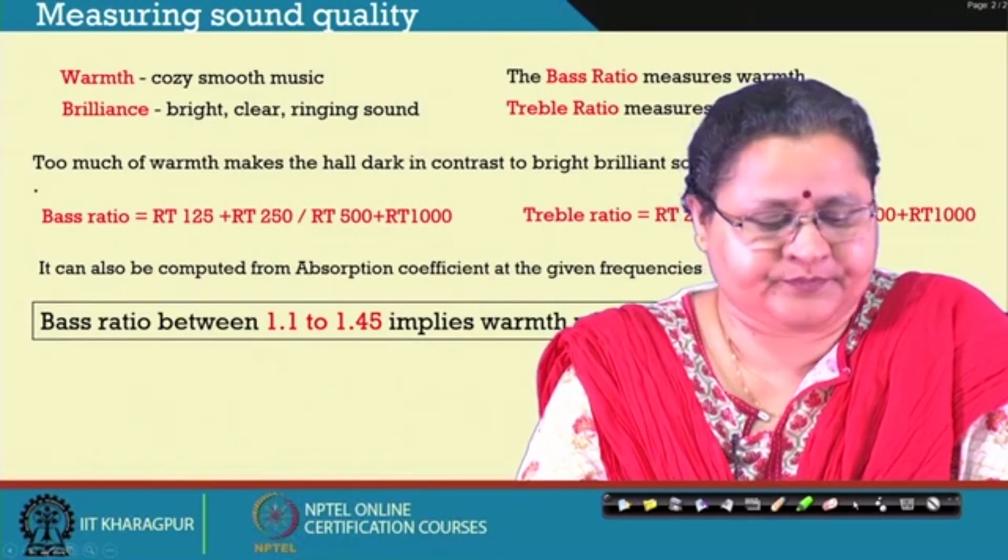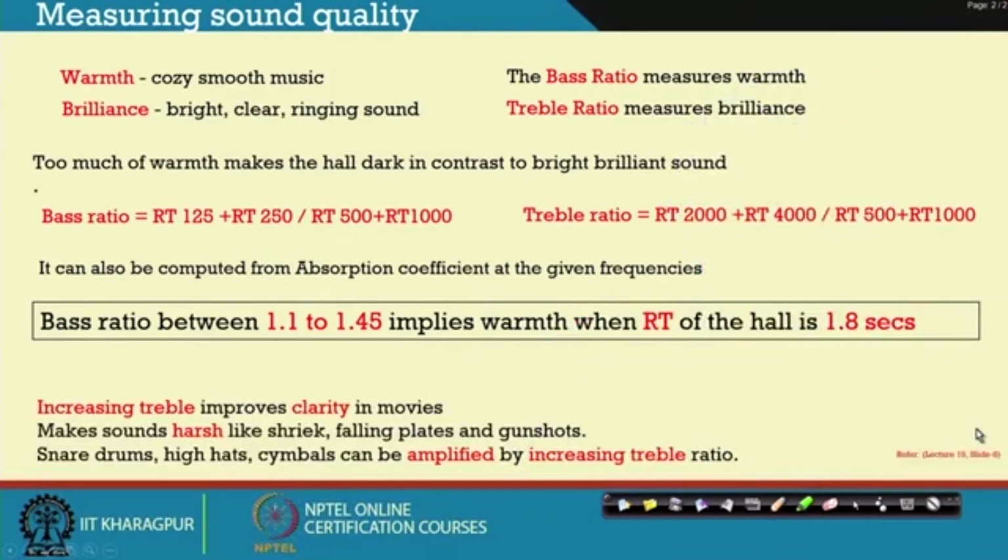We will see that. Now, increasing the treble improves clarity in case of movies and pictures. It makes the sound harsh, like shrieks, falling plates, gunshots; those become very harsh. Snare drums, hi-hats and cymbals can be amplified by increasing the treble ratio.